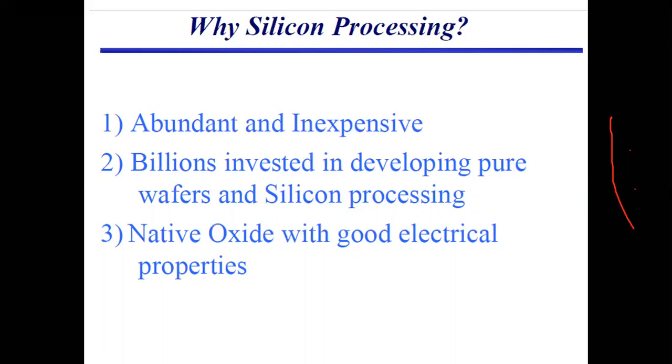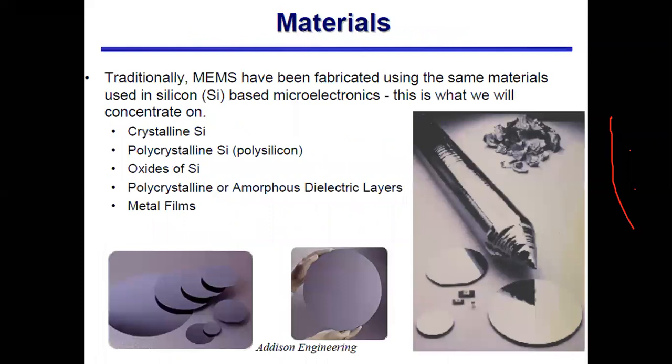Therefore, since we already had the technology, we utilized the same silicon processing technology and started making MEMS. And number three, native oxide with good electrical properties. Silicon is the material which could make native oxide, and those native oxides have very good electrical properties. It is well understood, well known. Because of all these three reasons, normally silicon is used as the main substrate material for the MEMS device.